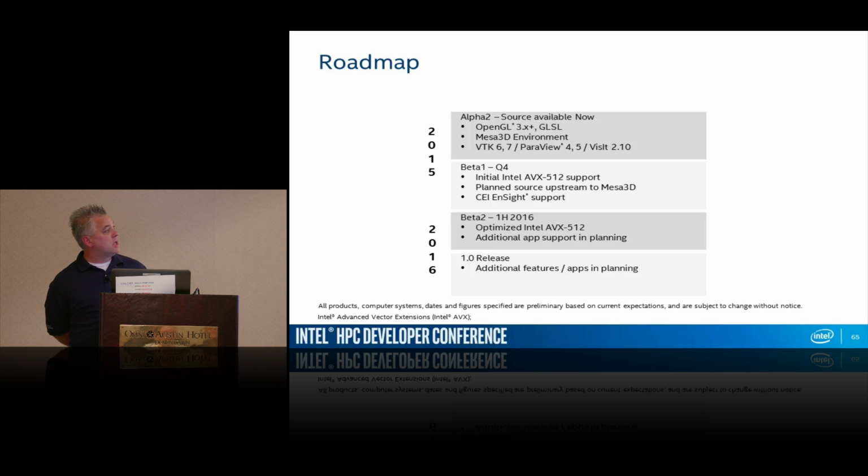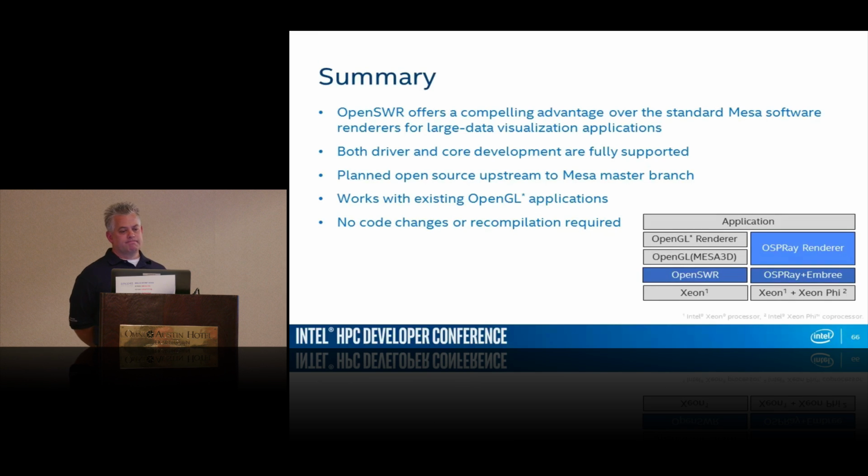It is a standard OpenGL pipeline, so unlike other applications that may need to modify their application to support the API, we're already there. There's no recompilation necessary. It's simply a drop-in library replacement and go. As I mentioned though, we offer a compelling advantage over the other standard Mesa LLVM type software for large data visualization.